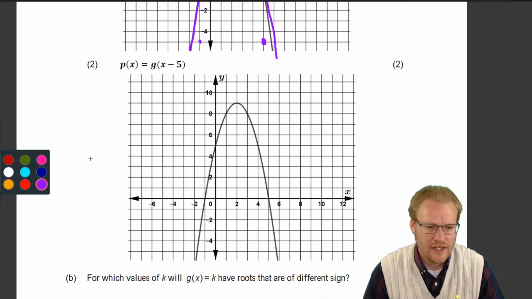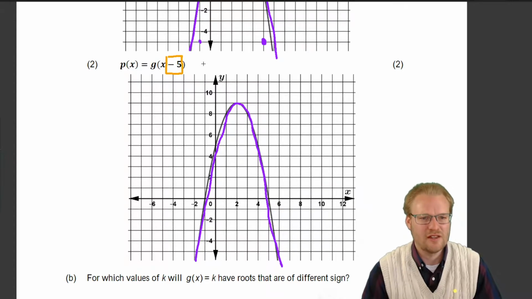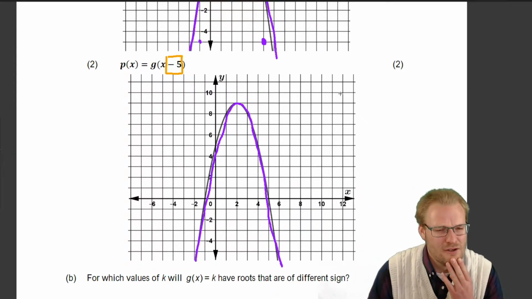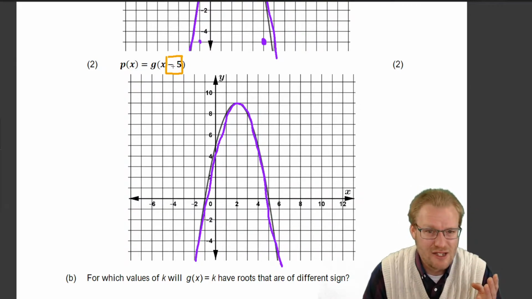Okay, then next question, same idea. We've got our original function, g of x, I think it was. And now what we're doing is we're subtracting 5, but we're doing it there. Interesting. So what does that -5 inside the bracket do?